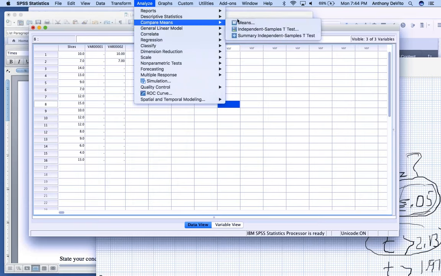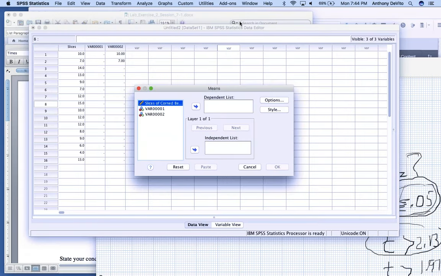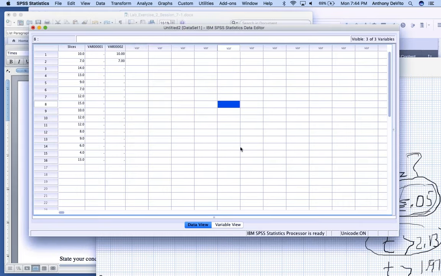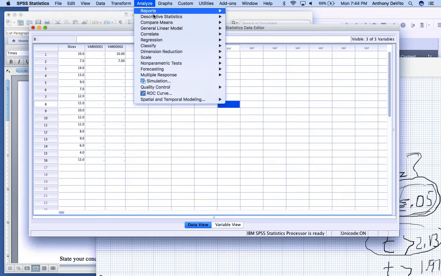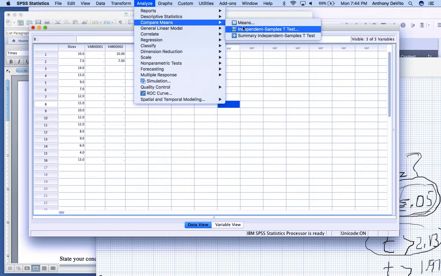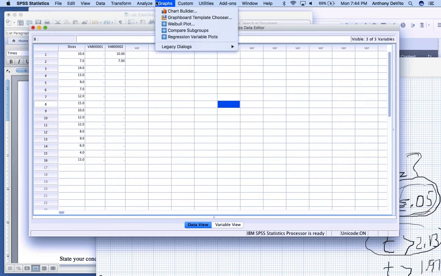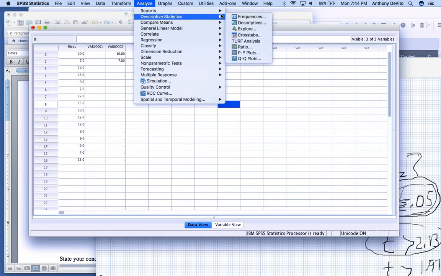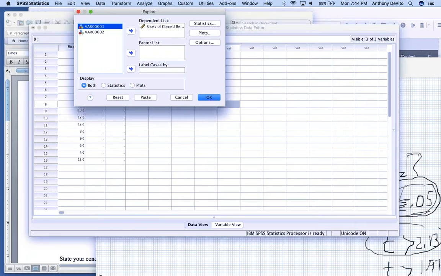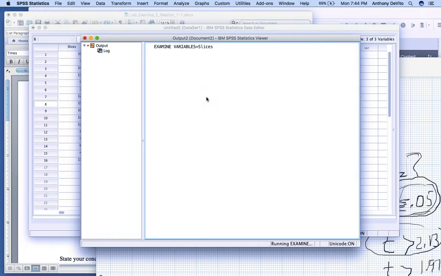Compare means. I'm having a problem here. Let me try something here. Okay, I'll do this again. So I get an output page.